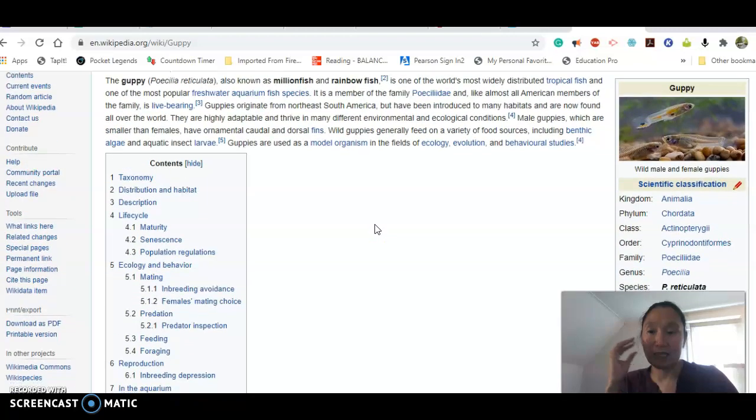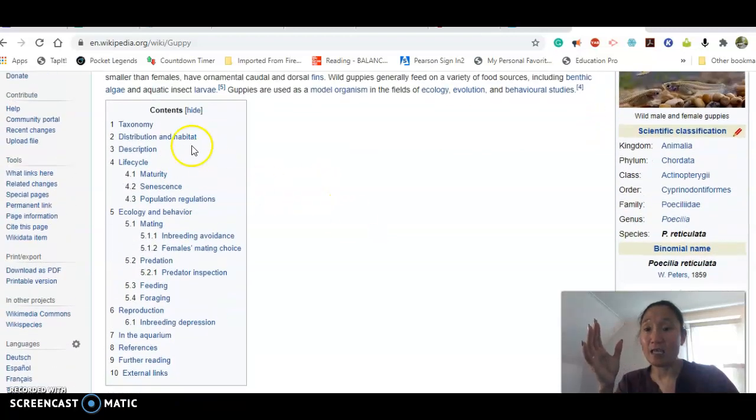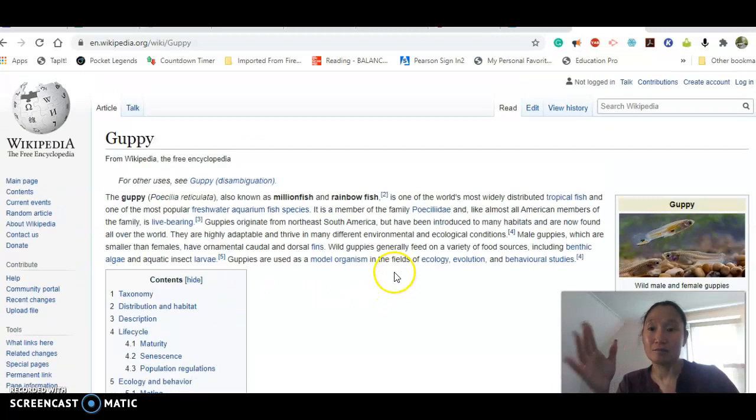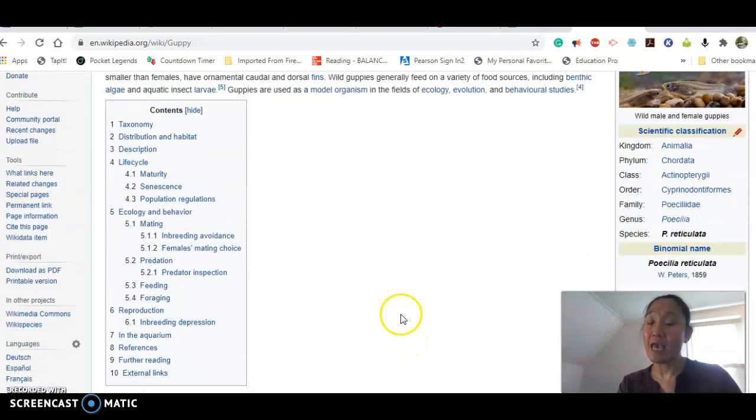Now, if you look at this, you can see that this is guppy, that's your topic. That's my topic, guppy. Now, here's a whole bunch of things that I could talk about with guppies and teach you 3 facts about.